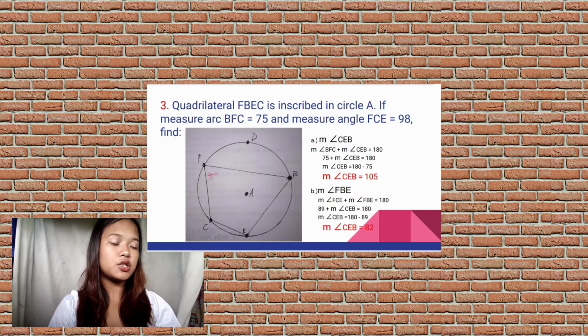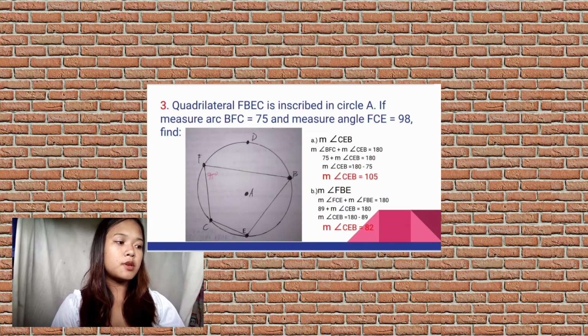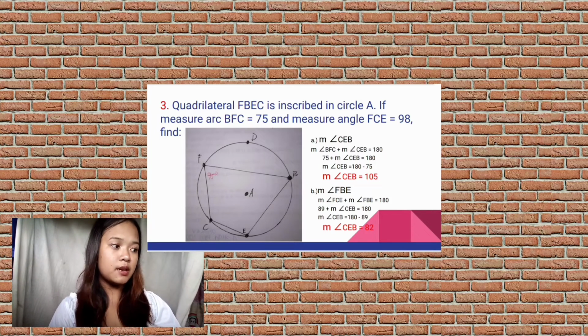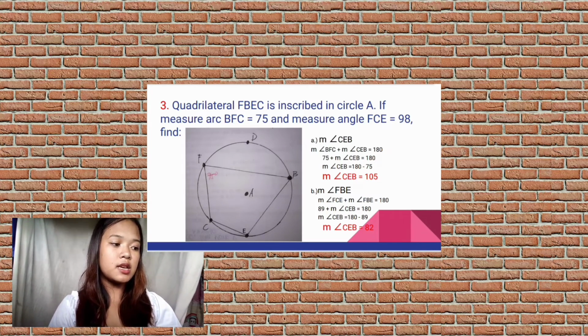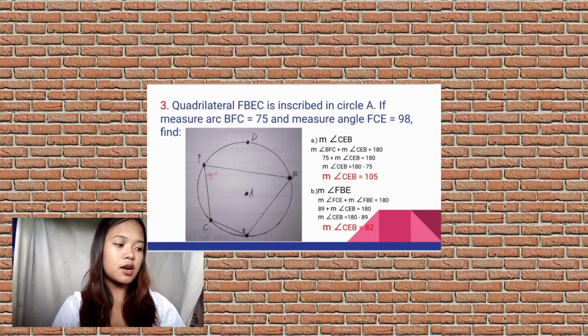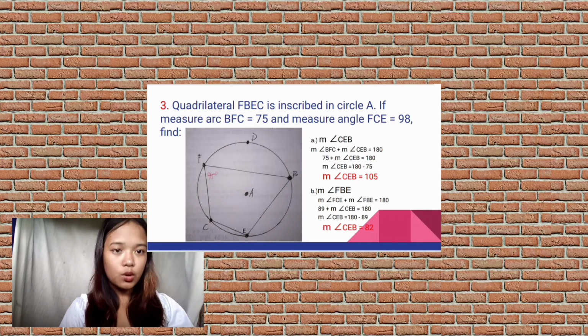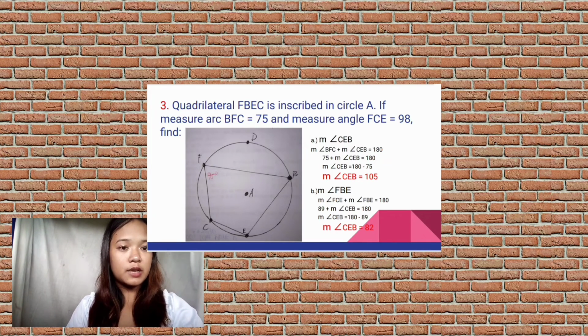For solving the measure of angle FBE, the measure of angle FCE plus the measure of angle FBE is equal to 180 degrees, and 89 plus the measure of angle CEB equals 180. The measure of angle CEB equals 180 minus 89, and the measure of angle FBE is equal to 82 degrees.